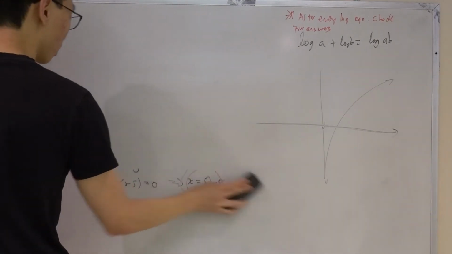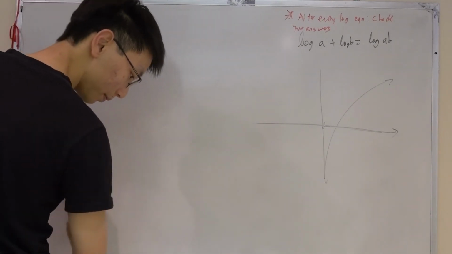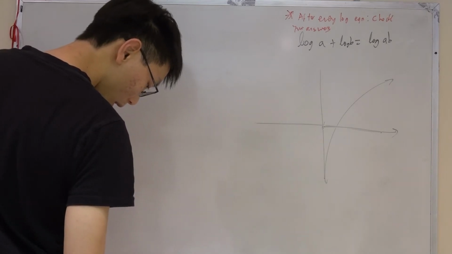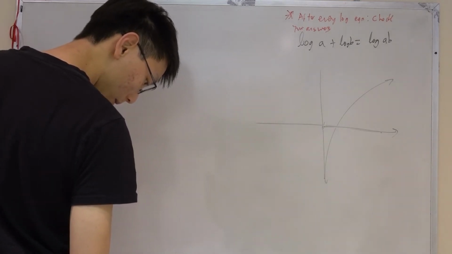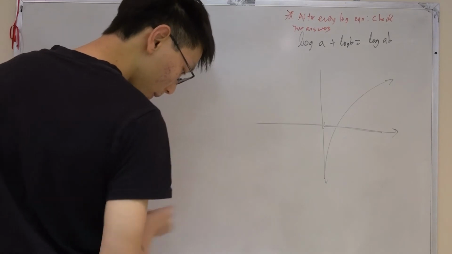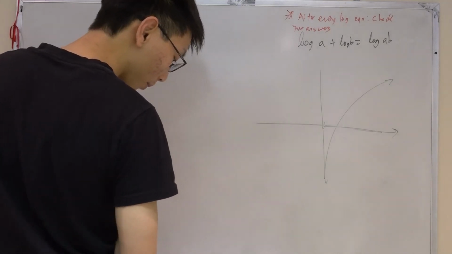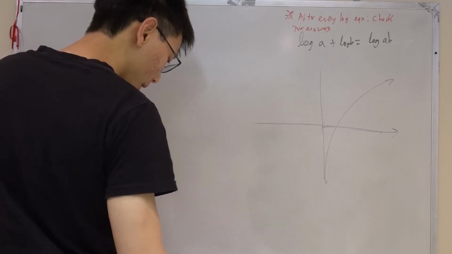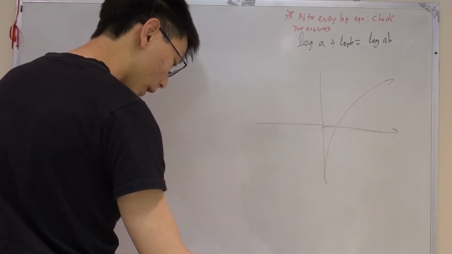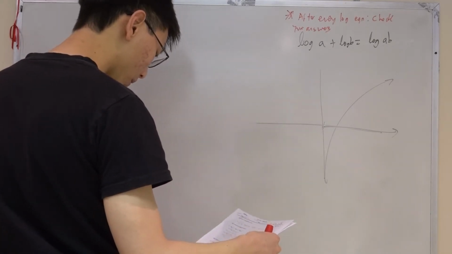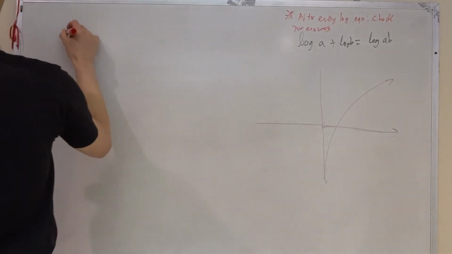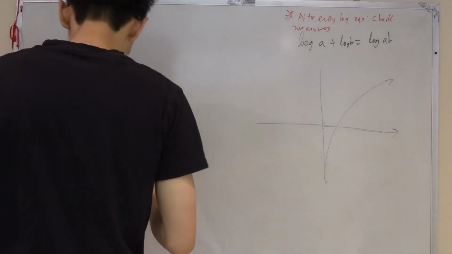Let's do another one for more practice. So that was sort of the basic prototypical example of a log equation. To get another one out there, let's try and do one of these.